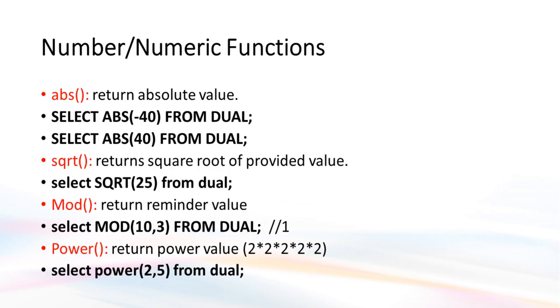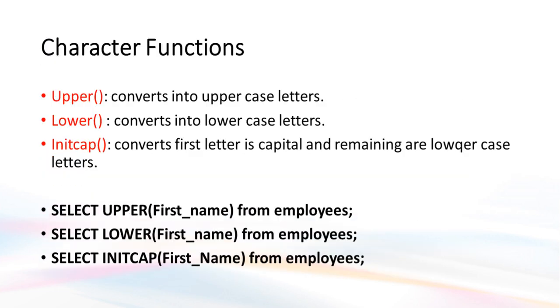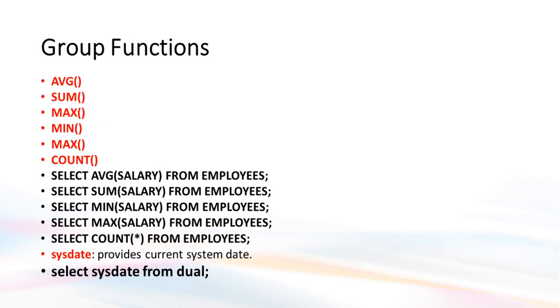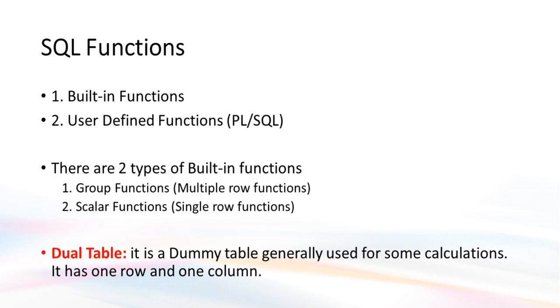These are the different functions we have under group functions. Scalar functions are divided into multiple categories: character functions, numeric functions, date functions, and conversion functions. These are all the different categories of functions. These are all built-in functions.